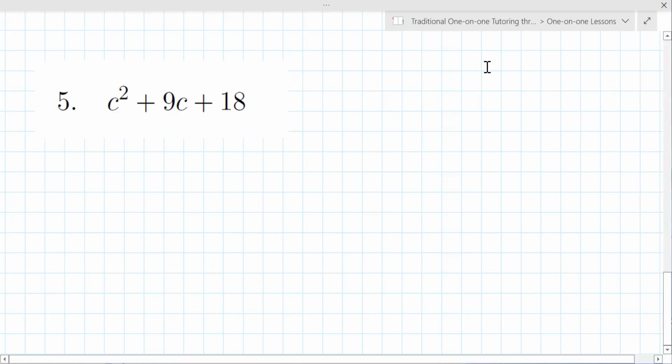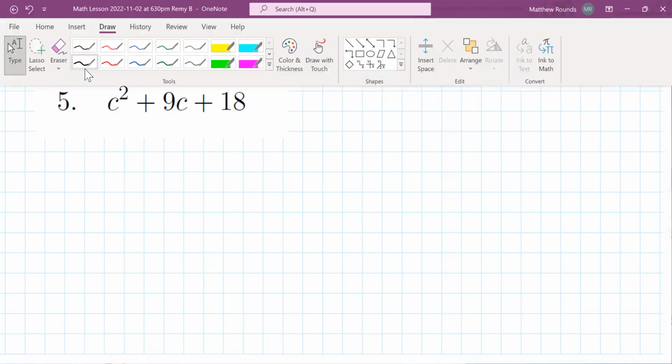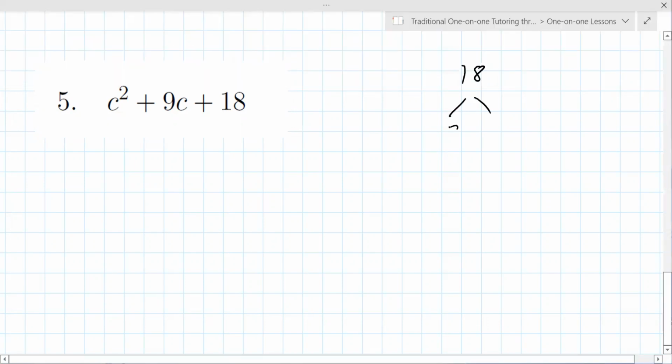Yeah, so 18 becomes 3 and 6. So it's x plus 3 and then x plus 6.